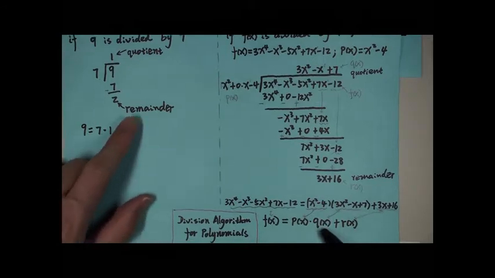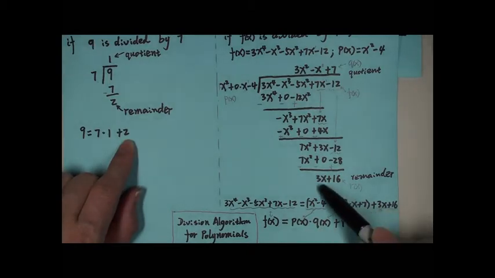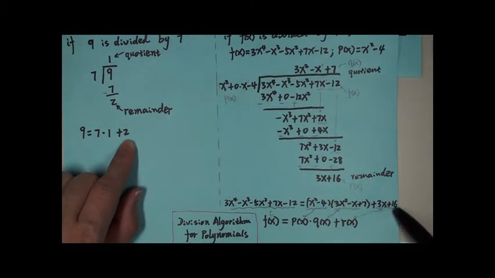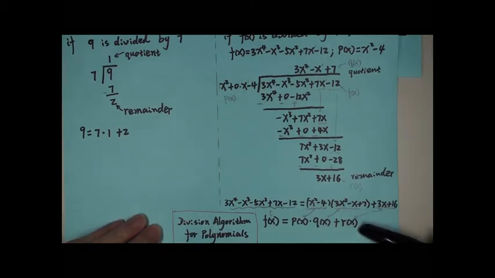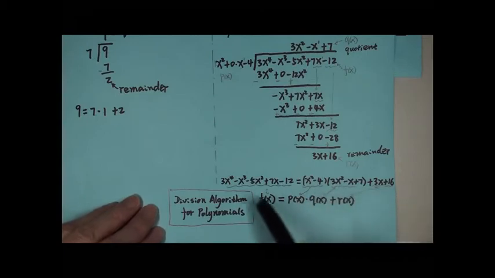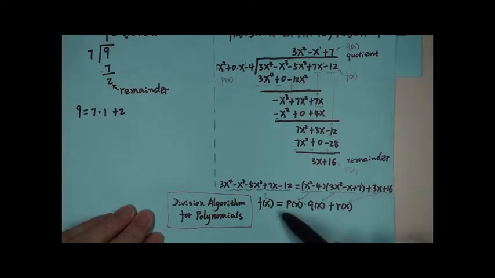And then the remainder is like our 2, so you add this remainder 3x plus 16, and that's our r of x, which is also the remainder. So f of x equals p of x times the quotient plus the remainder. The original f of x can be written as f of x equals p of x times q of x plus r of x.